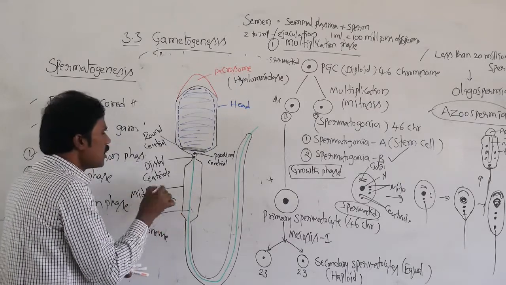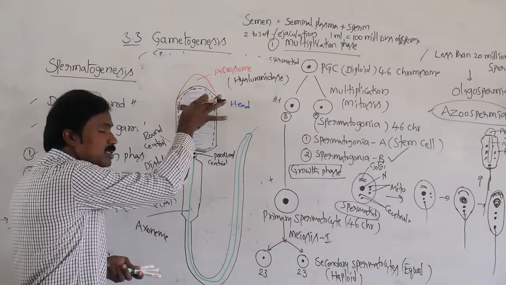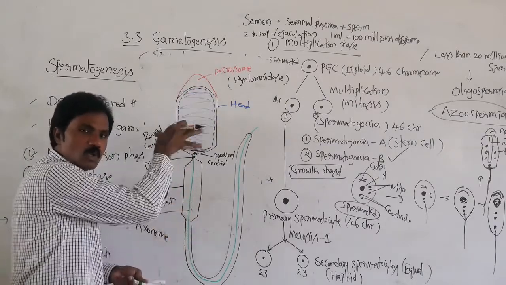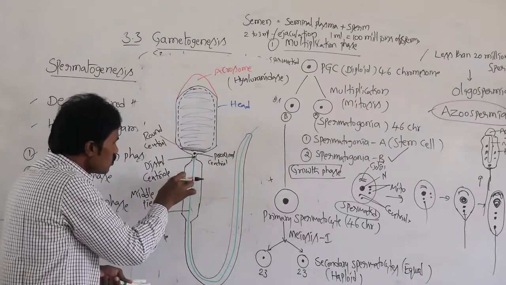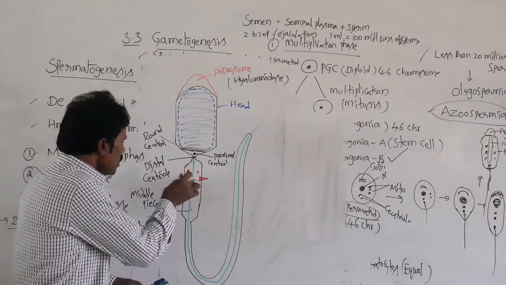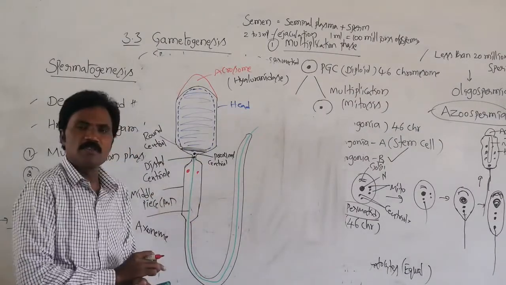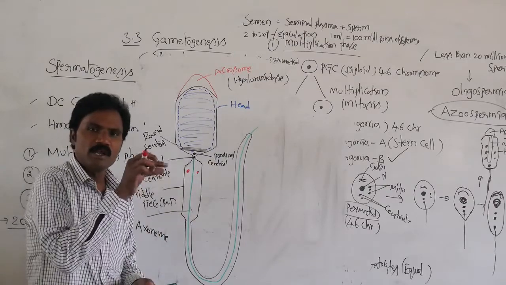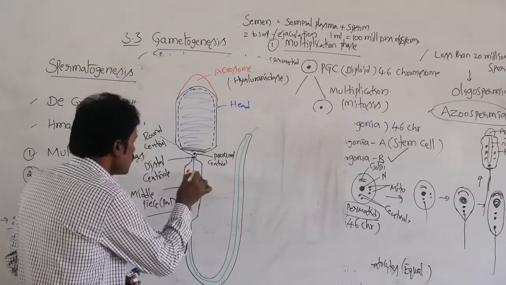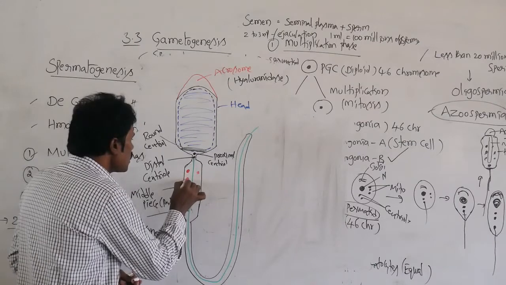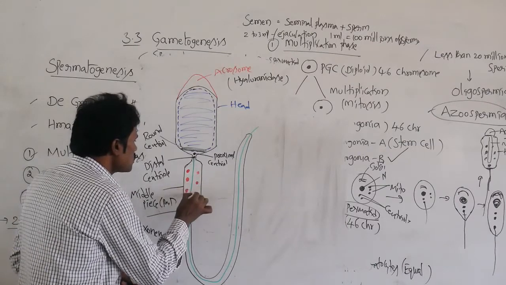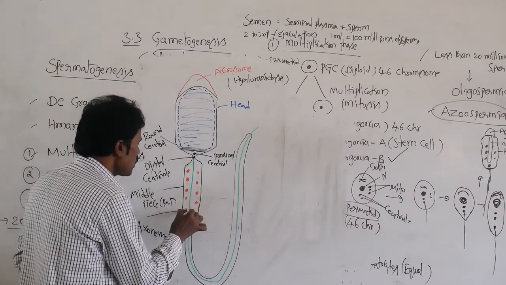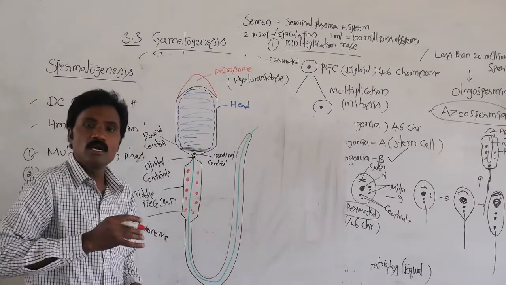Throughout the middle part, the plasma membrane covers the entire cell. In the middle piece it normally contains mitochondria. That's why it is called the powerhouse.